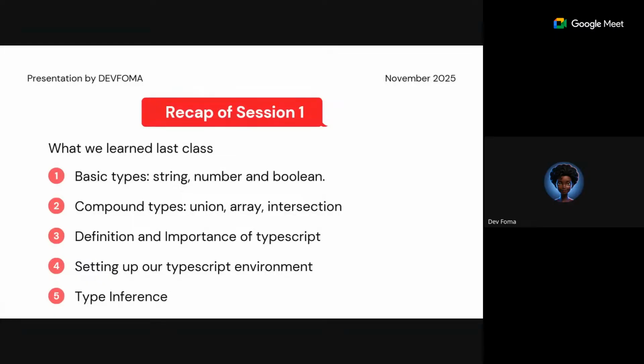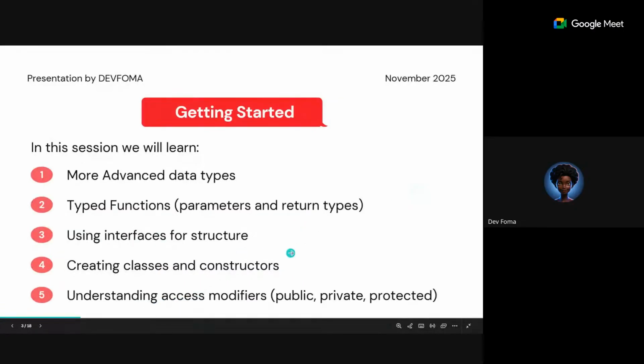Then we did the compound types: union, array, and intersection. We also talked about the definition and importance of TypeScript, and we all set up our TypeScript environment. We also talked about type inference, right? All right, so for today, we're going to go more into advanced data types, typed functions, that's using parameters and return types, using interfaces for structure, creating classes and constructors, and understanding access modifiers: public, private, and protected.